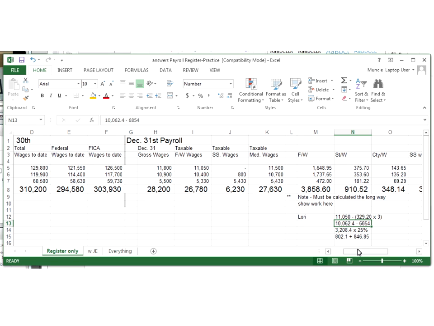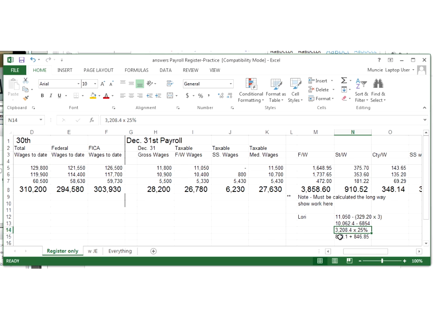Now is where I find where $10,062 fits in for somebody who is married and paid monthly, and you'll find it's in that 25% bracket area. So then I just work from right to left, as we did last week. 10,062 minus the 6,854 tells me that of all of my wages, a little over 3,200 of it is taxed at that 25% bracket.